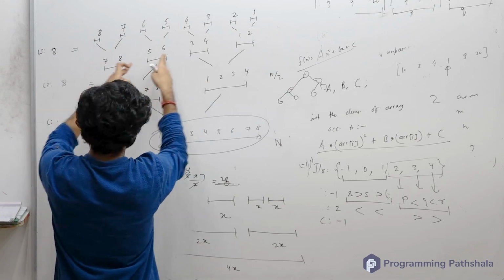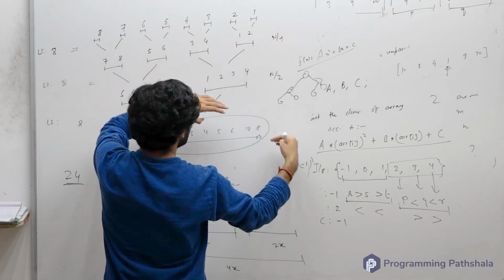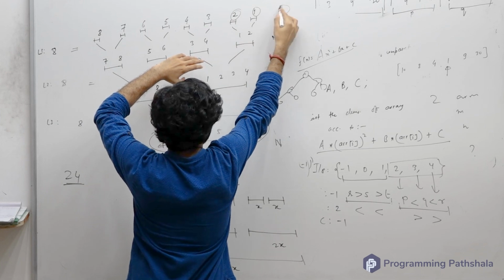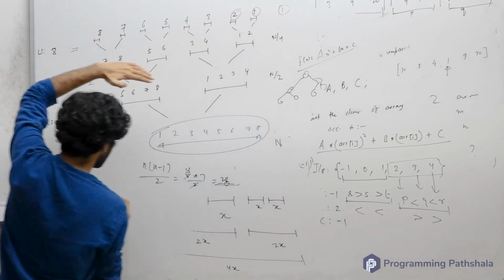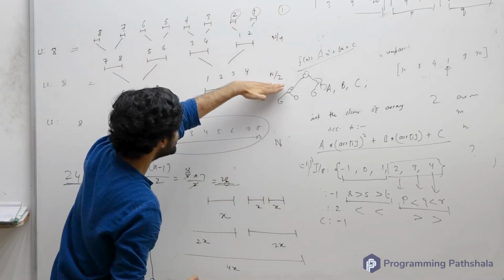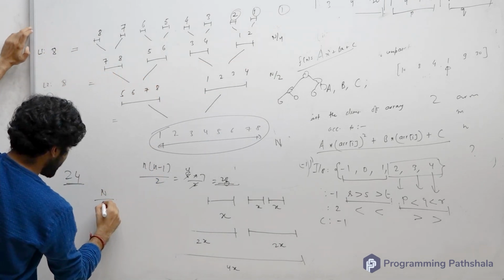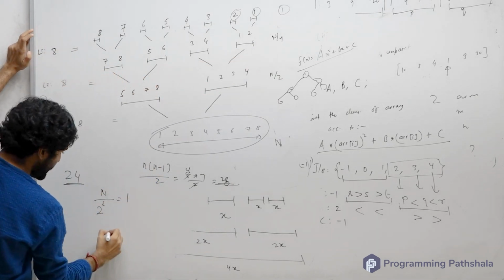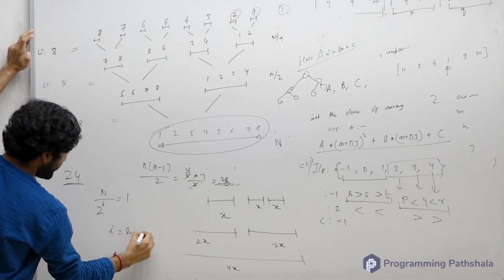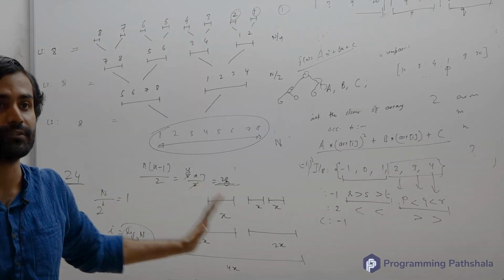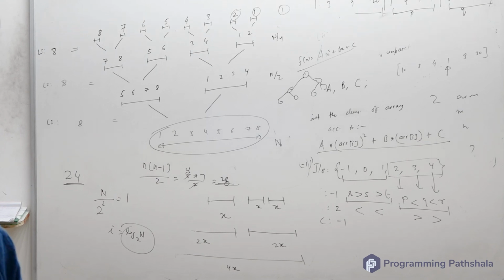Here, in every subarray, it is n by 4. So the moment every subarray has size 1, that would be the last level. Every time the number of elements is reducing by half. So if I do n upon 2 raised to power i, where i is the number of levels, and equate it to 1, then i will be log of n base 2. So the total number of levels will be log of n base 2.